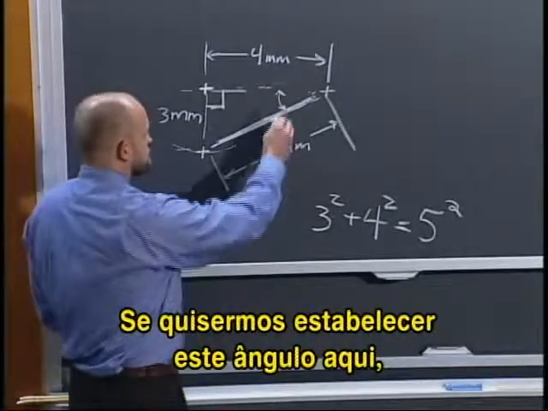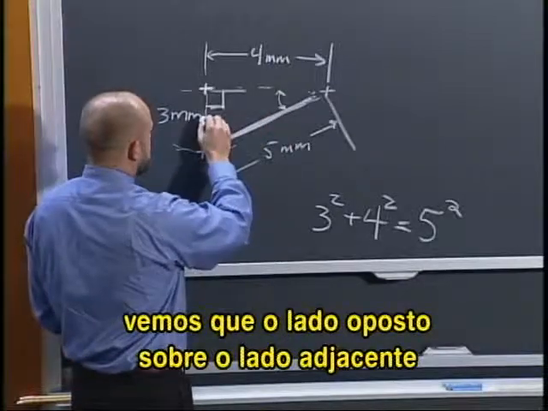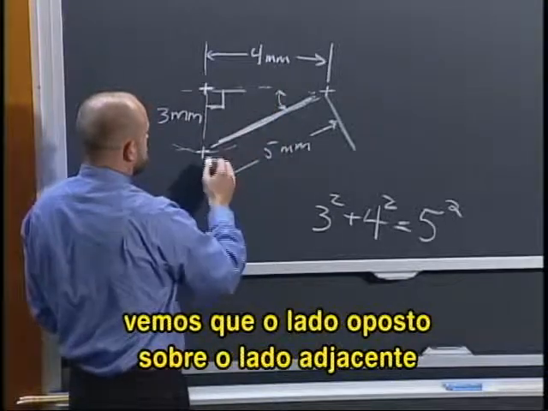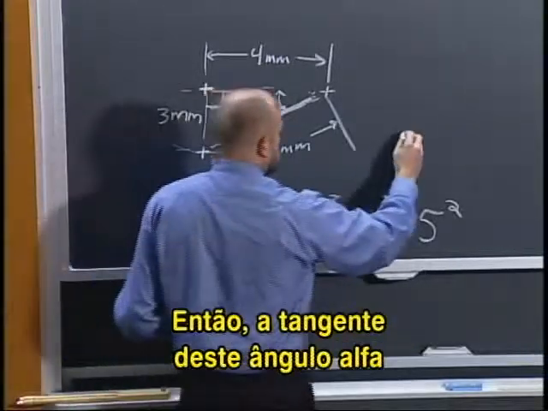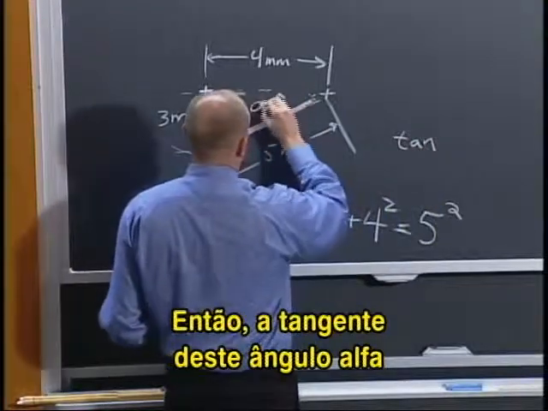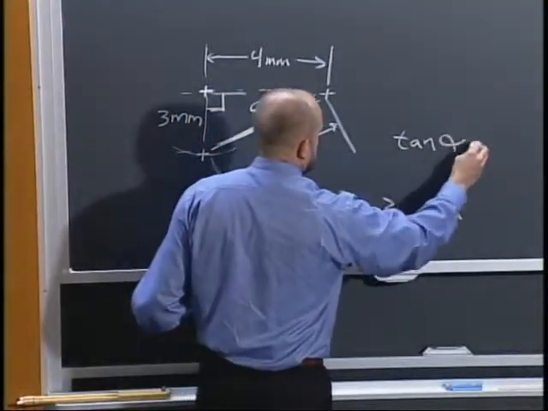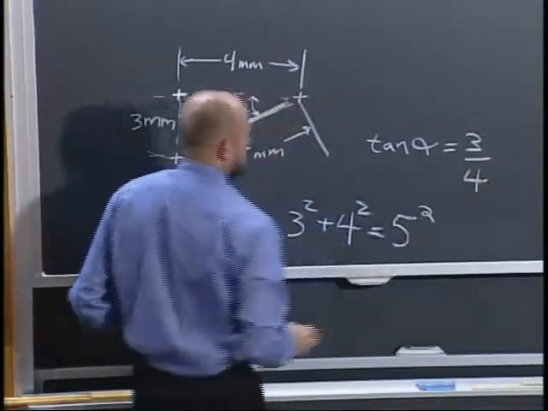Now, if we want to establish this angle in here, we see that the opposite side over the adjacent side is the ratio 3 to 4. So the tangent of this angle, let's label it alpha, is equal to 3 over 4.